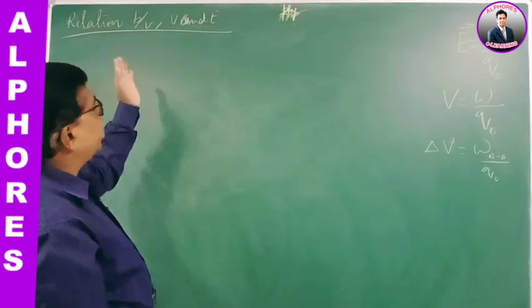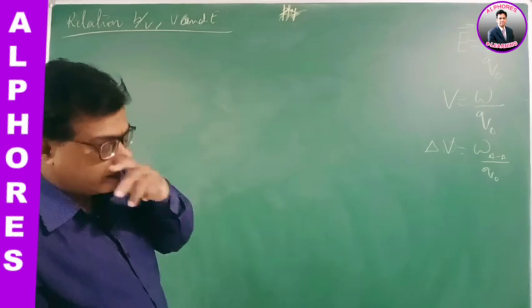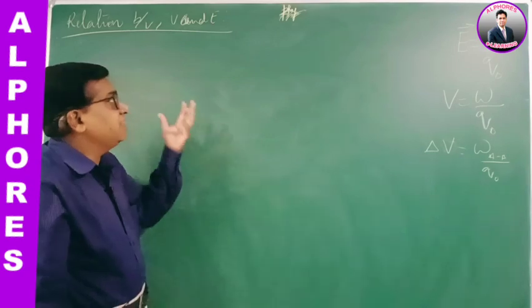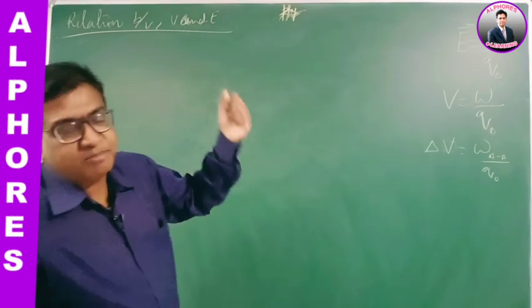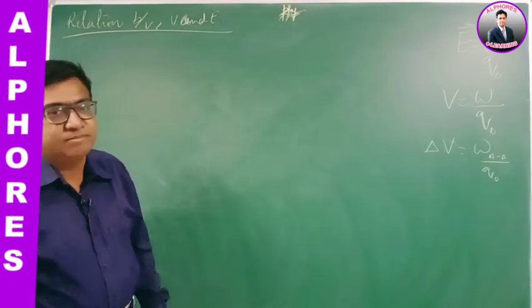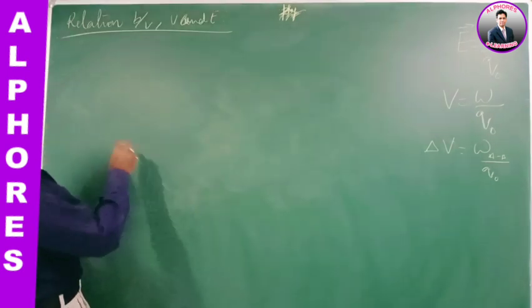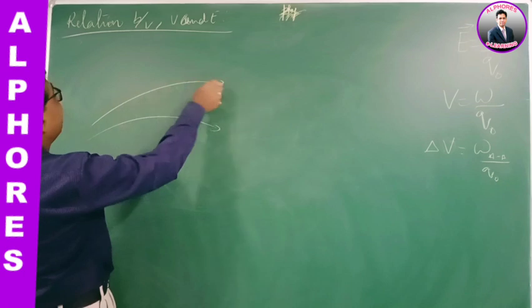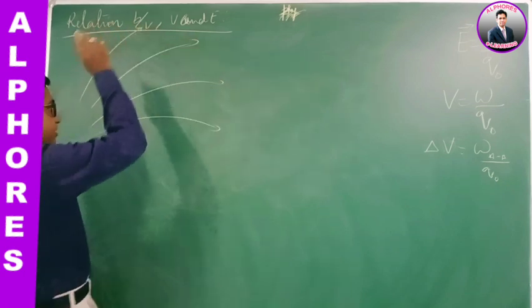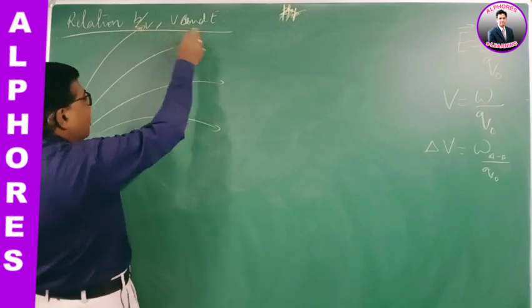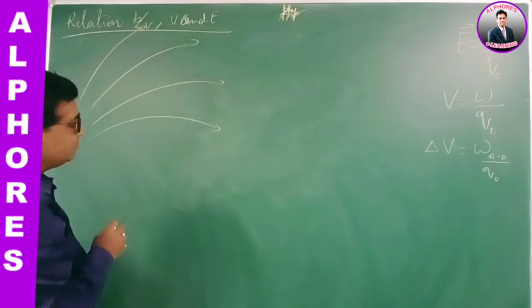Now coming to the relation between electric potential and electric field. Let's get the relation between V and E. Let me consider a non-uniform electric field like this.